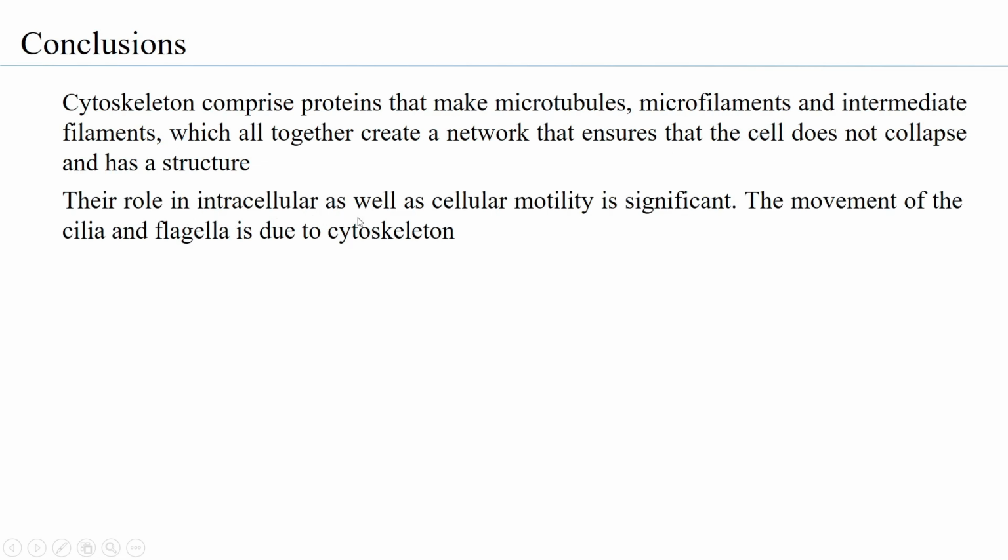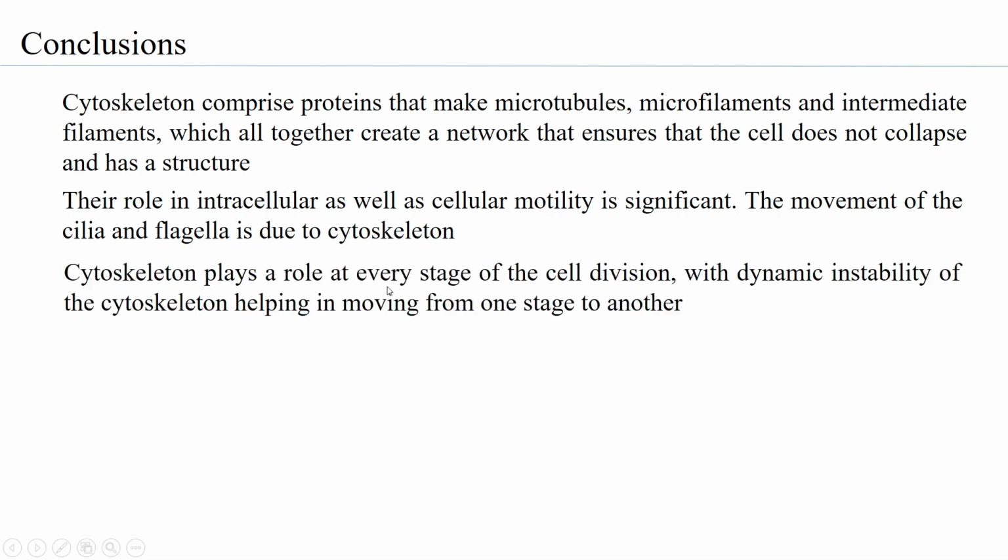Their role in intracellular as well as cellular motility is significant. The movement of the cilia and flagella is due to the cytoskeleton. Cytoskeleton plays a role at every stage of the cell division, with the dynamic instability of the cytoskeleton helping in moving from one stage to another stage.